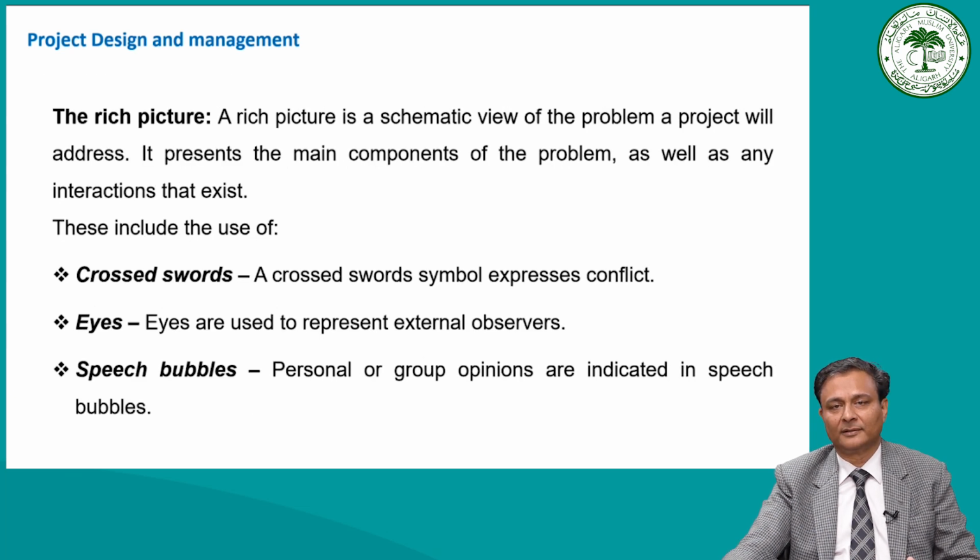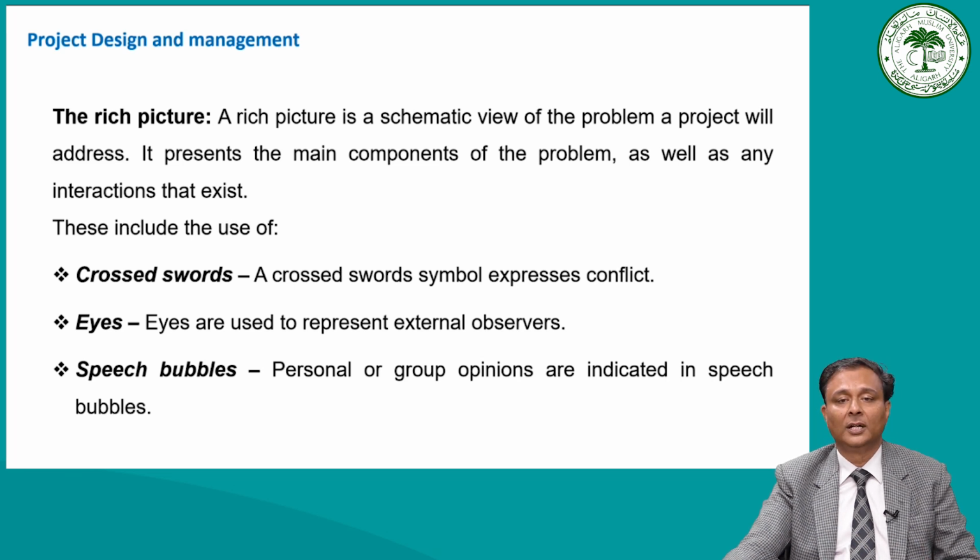The rich picture is another important dimension to project management in spatial information science. The rich picture is a schematic view of the problem a project will address. It presents the main components of the problem as well as any interactions that exist.